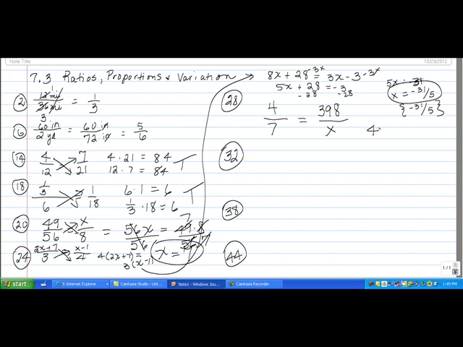So 4x equals, get the calculator, 7 times $3.98. $27.86. Divide by 4.